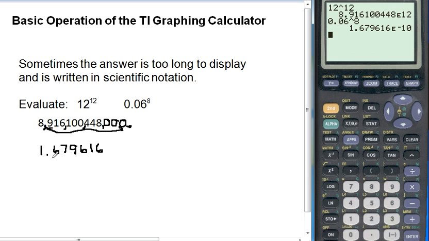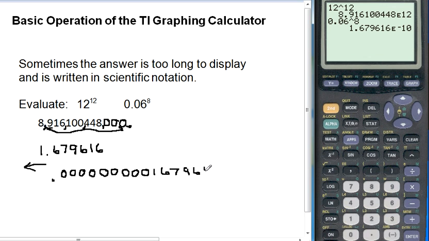When you see something like that, you're going to move the decimal point 10 places, but in the opposite direction, which is this way. To do that, we're going to have to go around the 1 and put 9 zeros there, which makes a very small number. I don't even know what the number is, but if you're going to accurately represent it, you've got to put those 9 zeros, and then the 1, and then the 6, and the 79616.